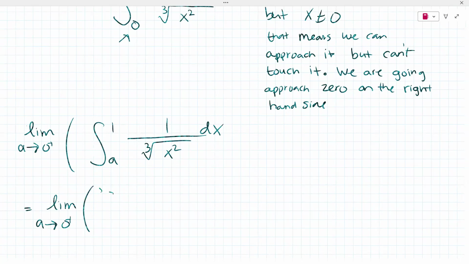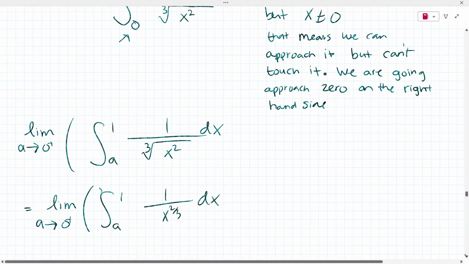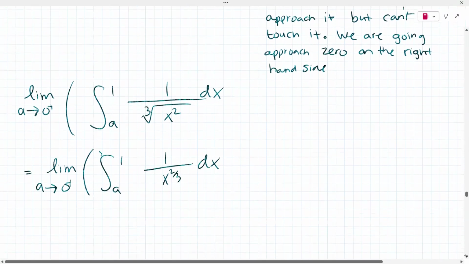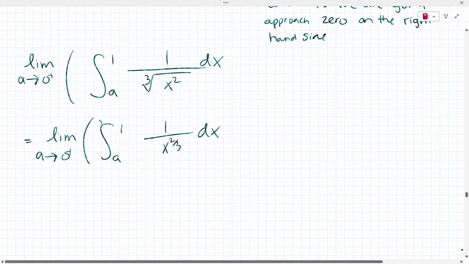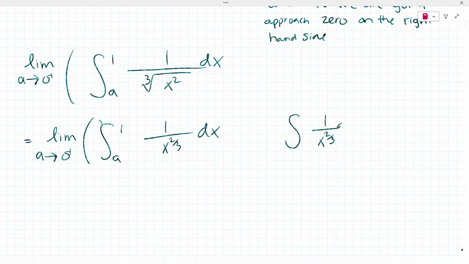This is still going to be a to 1. Let's rewrite 1 over the cube root of x squared as a power. So it'd be 1 over x to the 2/3 dx. Let's find the integral of this. What is the integral of 1 over x to the 2/3 dx? Well, I'm going to rewrite this as a negative power, so this is going to be x to the negative 2/3 dx. And you know how to take the integral of this.